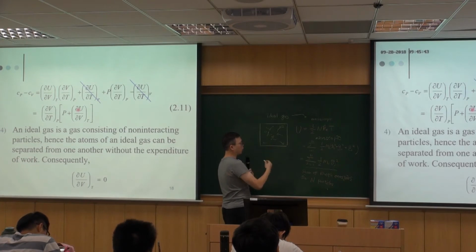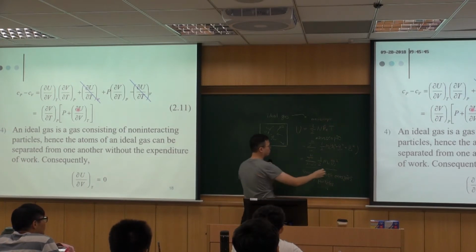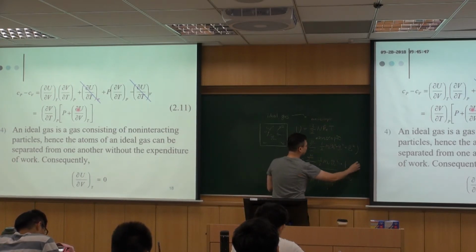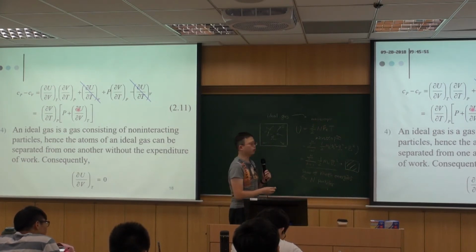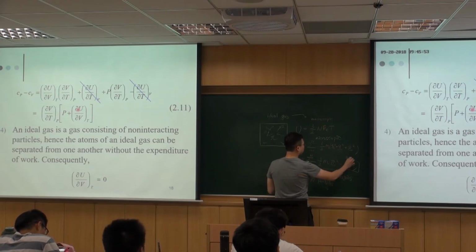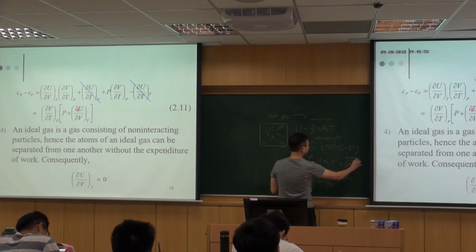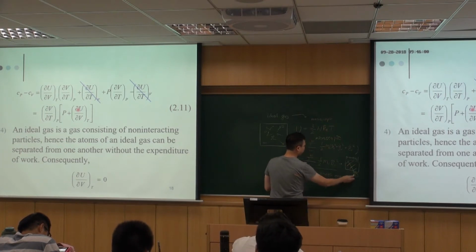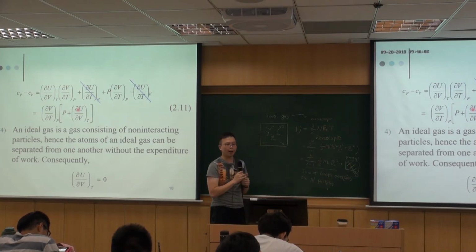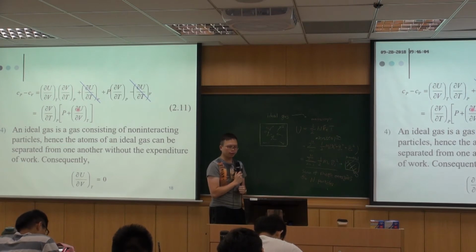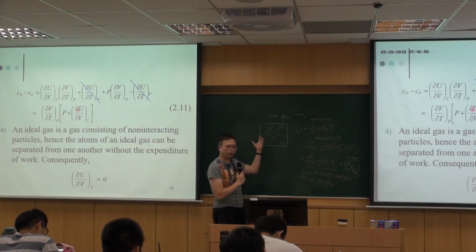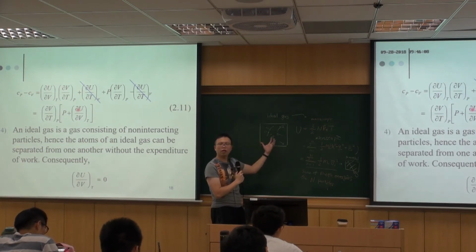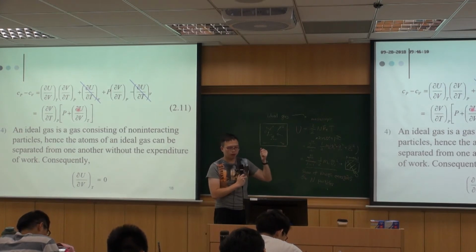If you are dealing with a real gas, then you have to add something here, and that is the potential energy. But for an ideal gas, this is 0. So you don't have to worry about that. So there's no interaction among particles here. They're just independently moving around.